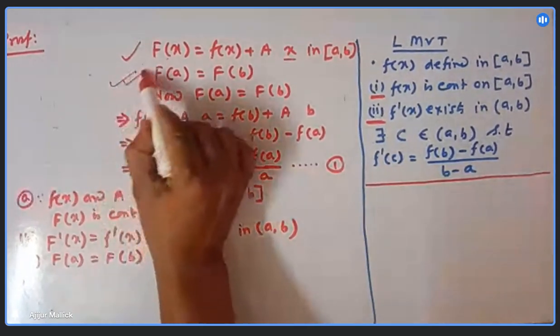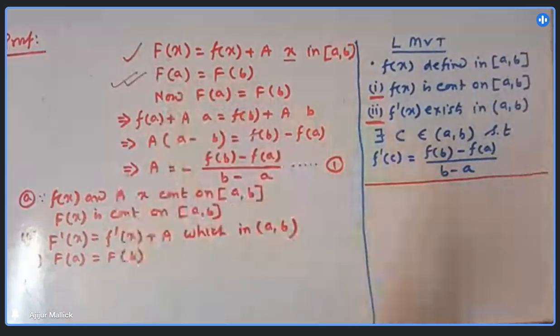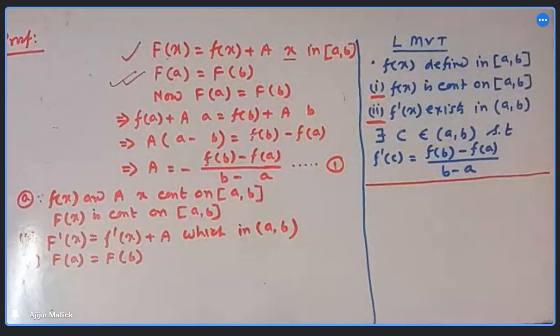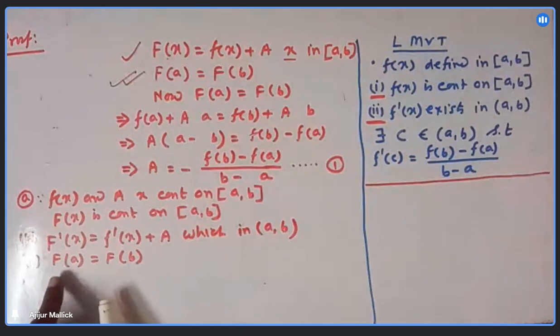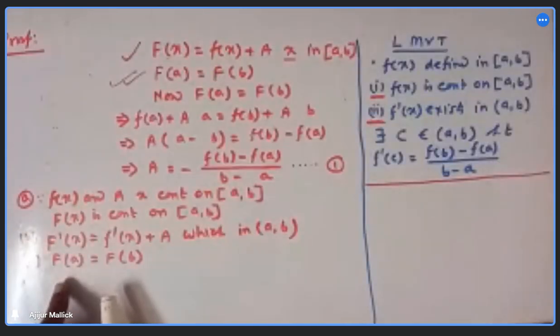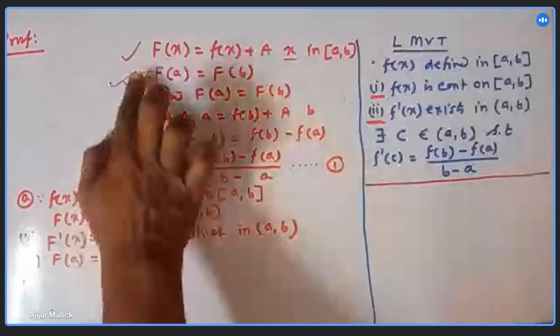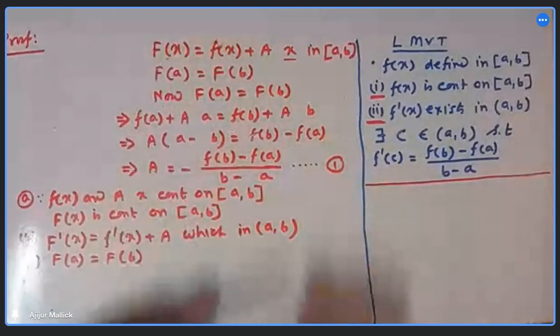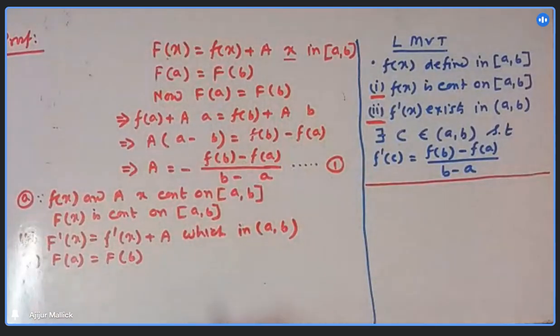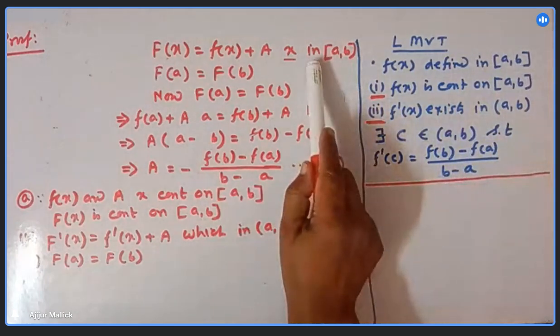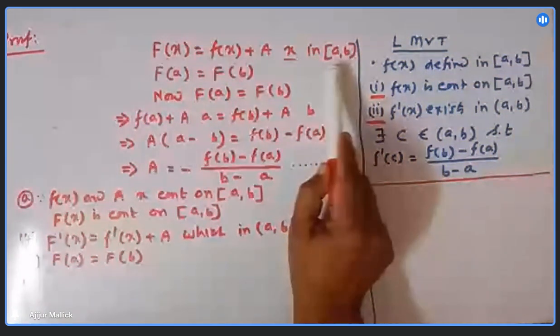We have already assumed this, f(a) is equal to f(b). Therefore, capital F(x) satisfies all conditions of Rolle's theorem in the closed interval [a, b].